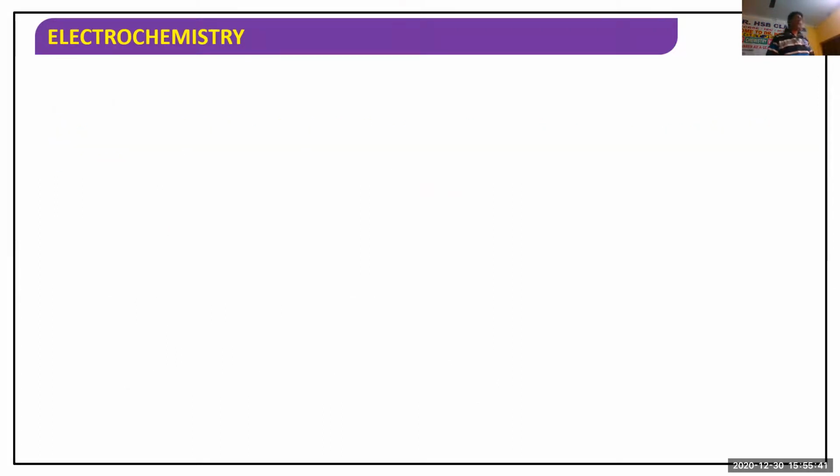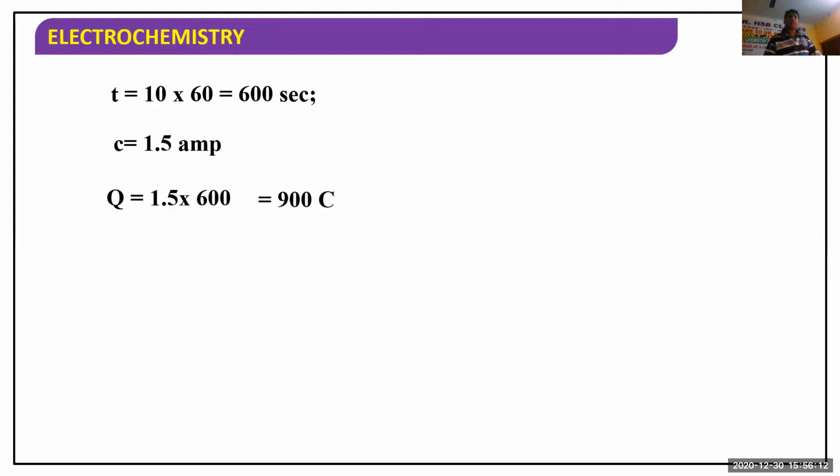And now the time is 10 minutes, that means 10 into 60 seconds. So time is 600 seconds. And the current is I or C, it is 1.5 ampere. So time into current equals coulomb or charge. So charge equals 1.5 into 600, that is 900.